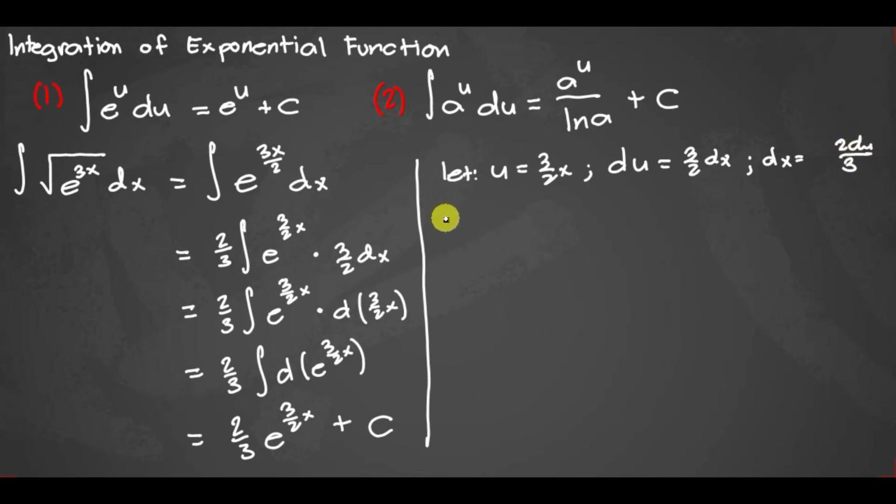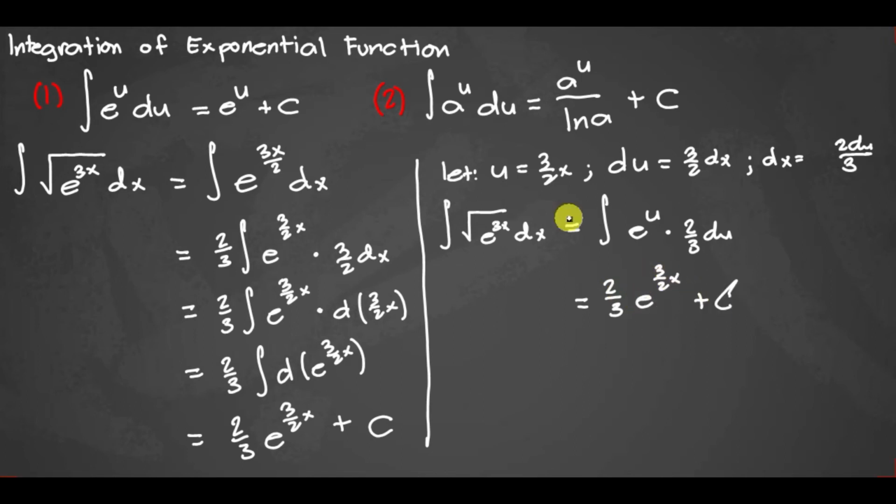Then we can substitute the newly assigned variables into our given integral, the integral of square root e raised to 3x dx. And this is equal to the integral of e raised to u, where our dx is equivalent to 2/3 du, is equal to 2/3 e raised to 3/2 x plus c.